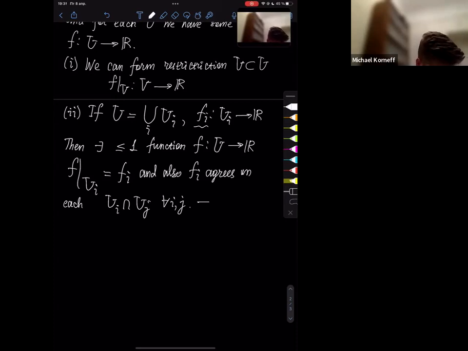And this condition means that continuous functions are uniquely collectible.